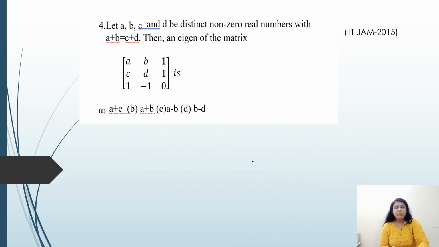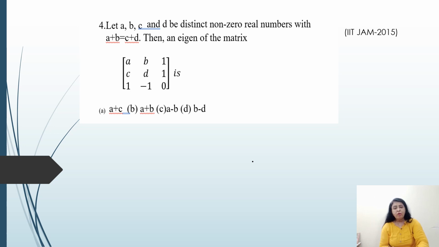Now, question number 4. Let a, b, c, d be distinct non-zero real numbers with a + b = c + d. Then you have to find the eigenvalue of the matrix. So how to find the eigenvalue of the matrix? We know that we have to solve the characteristic equation.